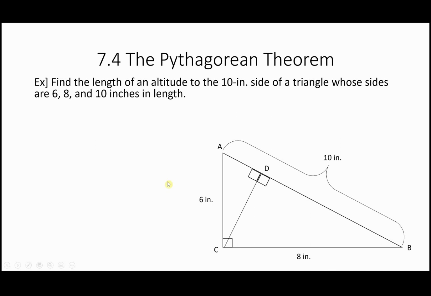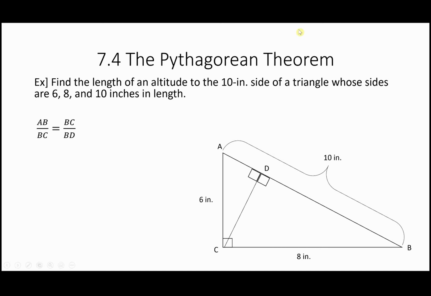So it itself is a Pythagorean triple, and that's how I know that I'm dealing with a right triangle, even though it wasn't specified. So we want to find the length of this altitude. We're going to use some of those geometric mean relationships that were presented to us earlier in this section in order to get at that. It's going to be a challenge, but I'm here to show you all of the details, okay?